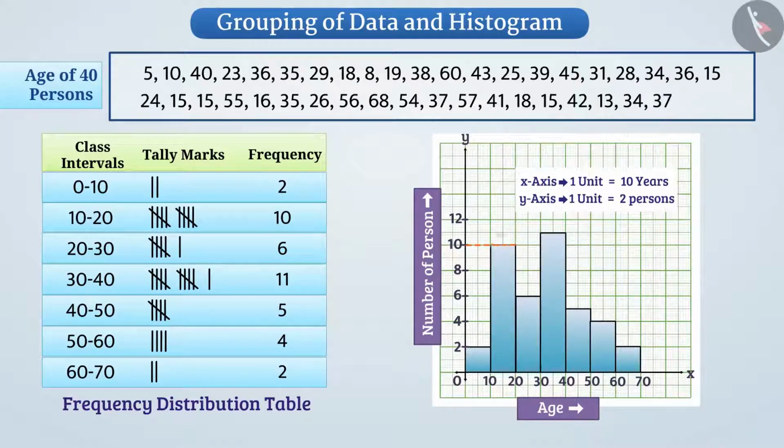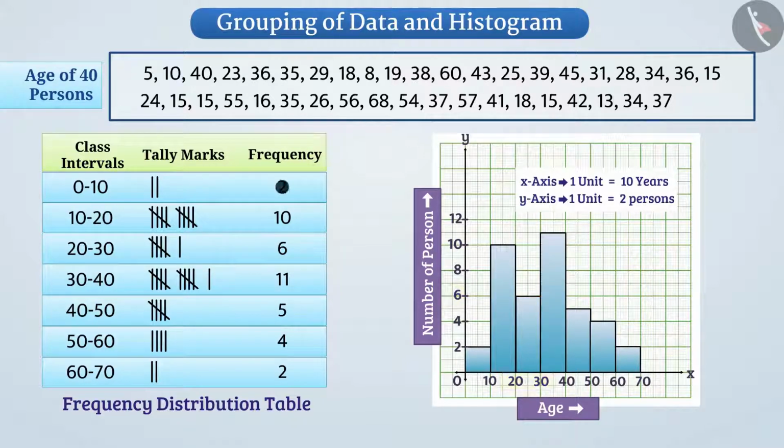The length of a rectangle drawn on a class interval tells us how many observations occur in that class interval. The number of observations in a class interval is called the frequency of that class interval. For example, the frequency of the class interval 20 to 30 is 6.